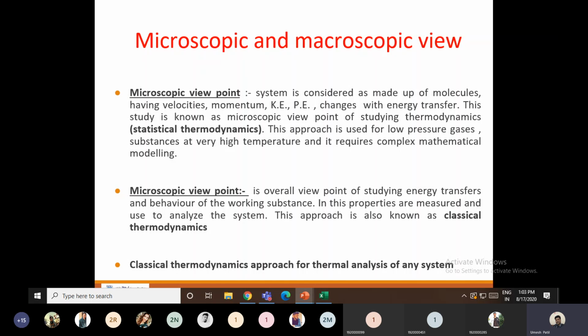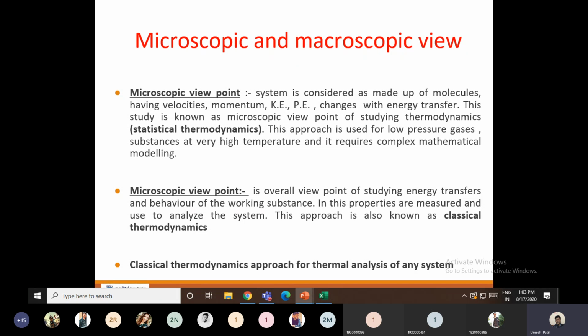This study is known as the microscopic viewpoint of studying thermodynamics, or it is also called statistical thermodynamics. But when we consider that the system is made up of a number of molecules, and we are going to analyze the thermal system for every molecule, then the analysis of that system will be very complex.